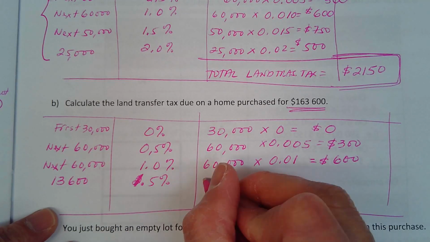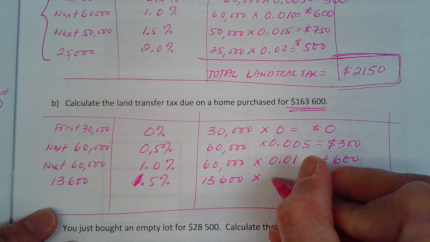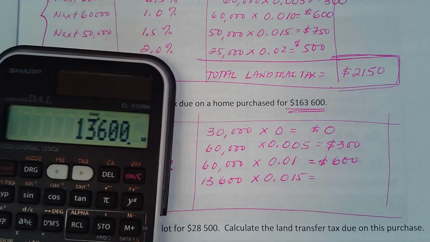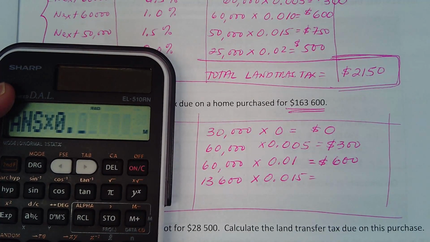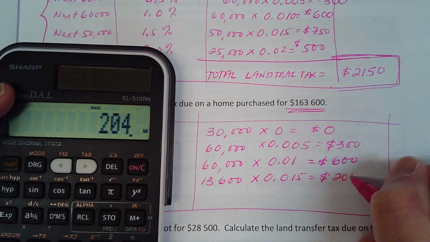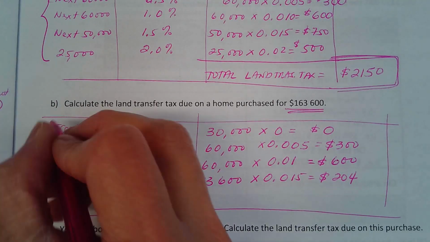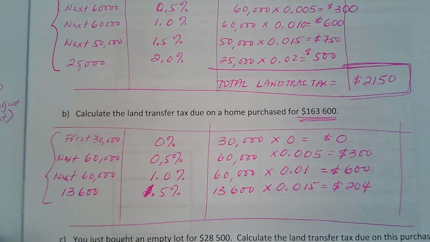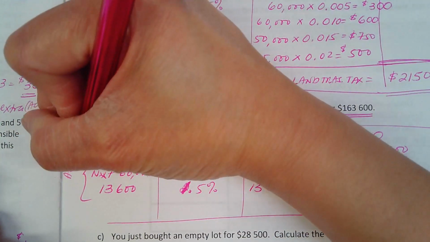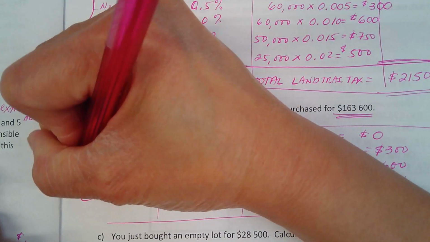Okay, so 13,600 times 1.5% would be 0.015. That I don't know. $204. Okay, so all of these must add up to $163,600.